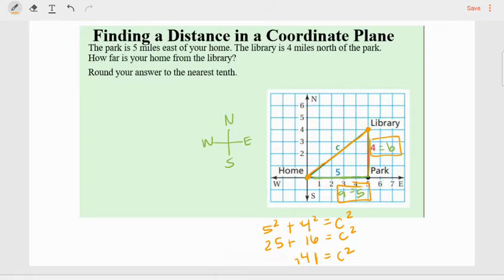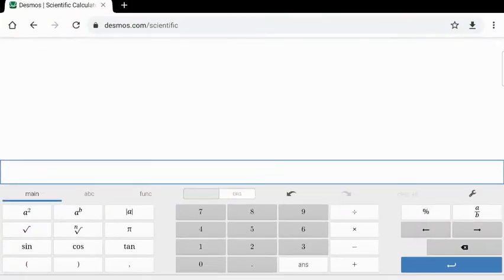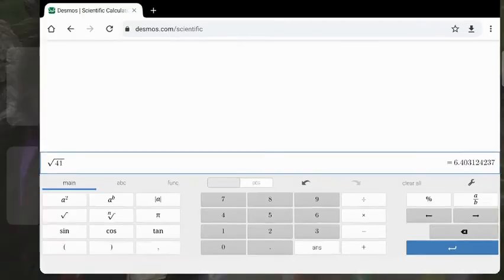And remember, I need to undo the last step of squaring, so let's see what the square root of 41 is. Square root of 41 is about 6.4.